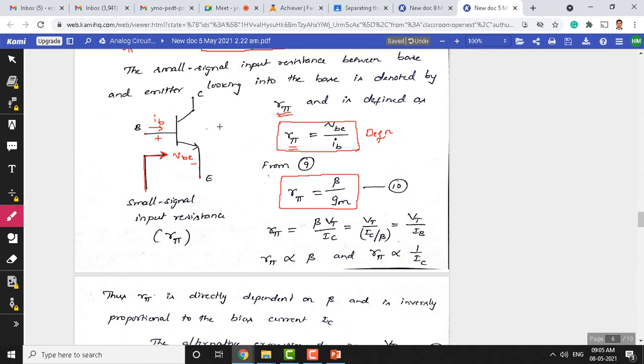So this is going to be a BJT. Something like this. So this is a base and here an emitter, between this sequence. This is internal to the transistor. So this is an R pi.